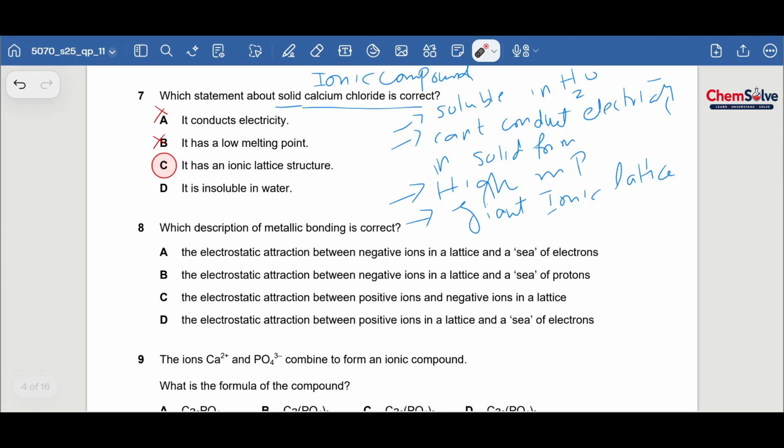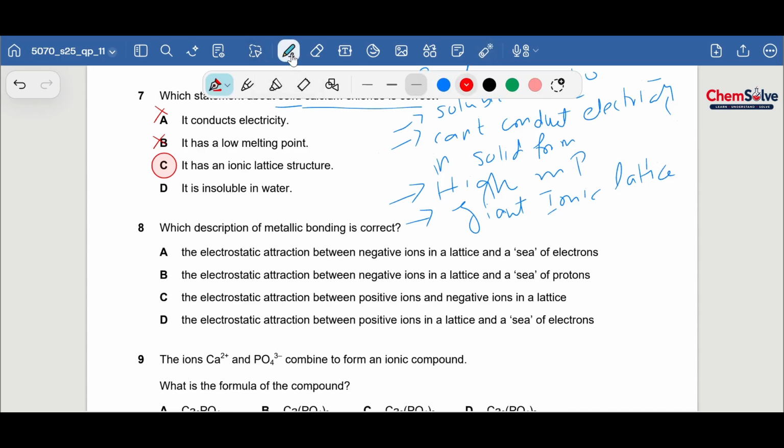Question number 8. Which description of the metallic bonding is correct? Okay, metallic bonding is basically the bonding between positively charged metal ions and delocalized electrons. So this is our concept about metallic bonding. According to the option, it's saying electrostatic attraction between negative ions.